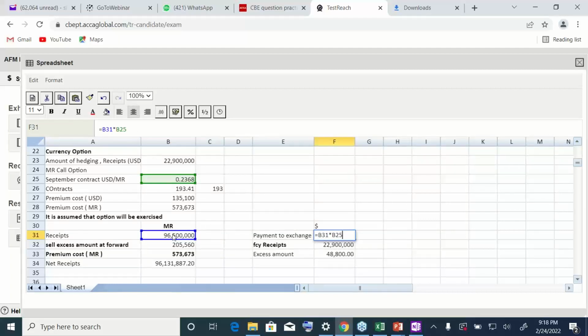If we are receiving 96.5 million MR, we will be paying dollars to the exchange at the strike rate. If you are paying 22.85 million, how much will you receive from the foreign customer? 22.9 million. So you are receiving an excess amount of 48,800. Sell that excess amount at the forward rate, deduct the premium cost, and the net amount will be 96.13 million.